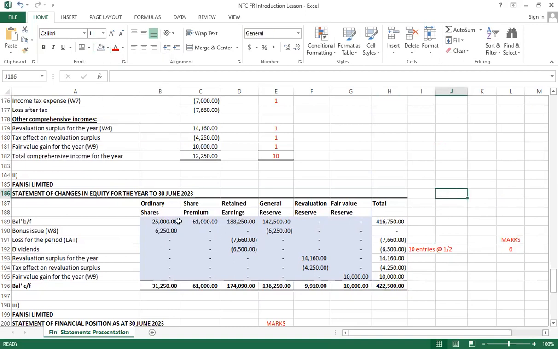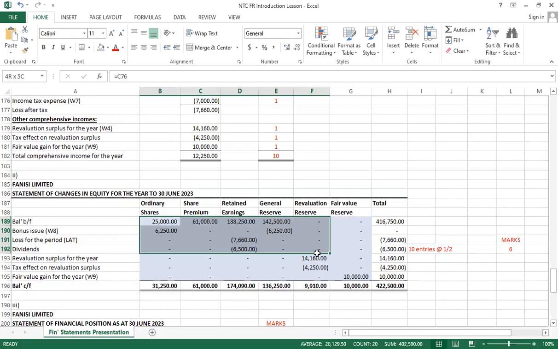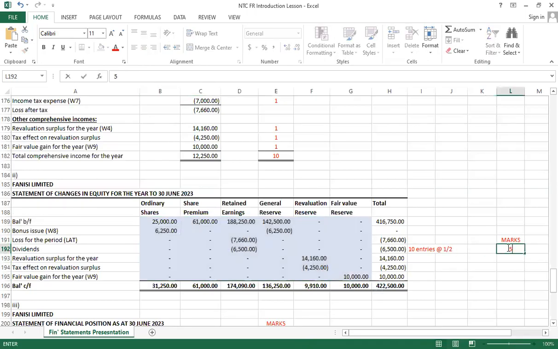I'll mark these ones, and then I'll take any correct 10 entries at a half. Now that will be 5 instead of 6. So when you add them in total, you will have the 30 marks. Does anyone have a question?